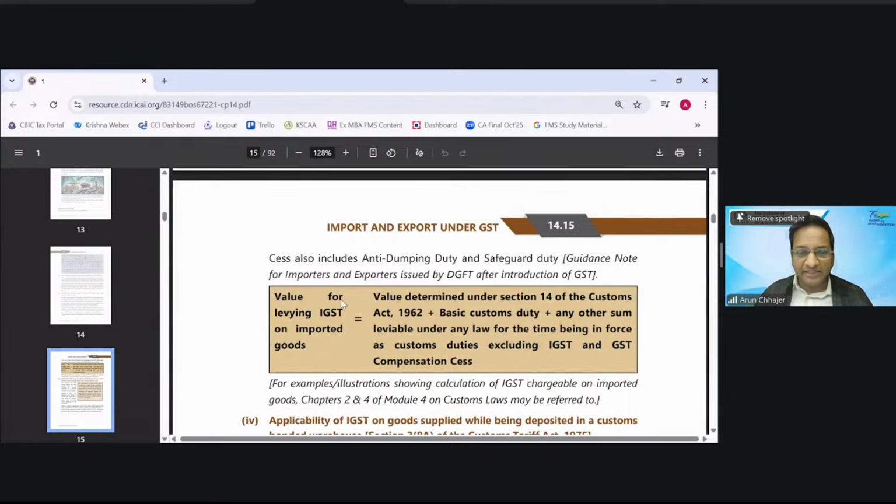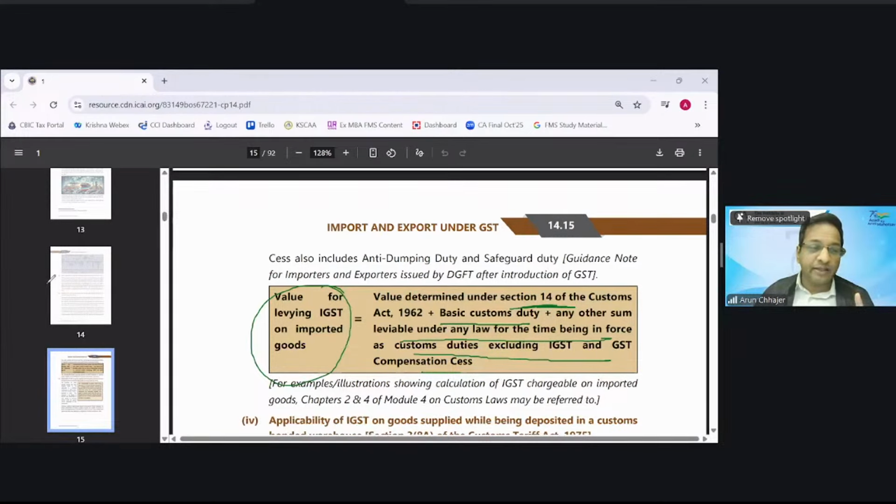So value of the IGST on import of the goods: value determined under section 14 of the Customs Act, plus, now section 14, not IGST, it is customs, basic customs duty plus any other sum leviable under any law for the time being in force as customs duty, excluding IGST and CGST.